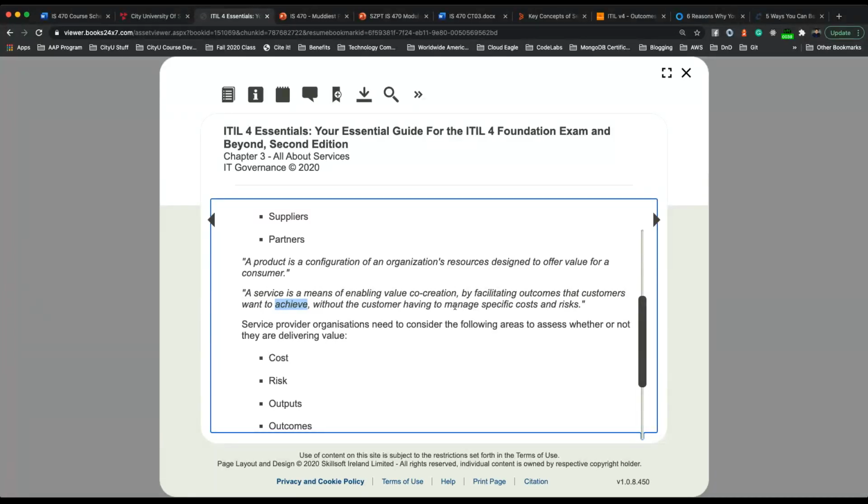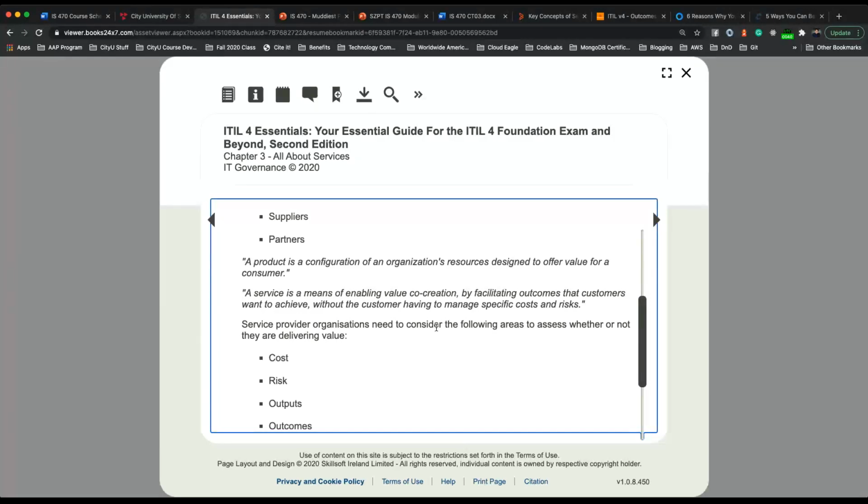So the service aims to help the customer manage their cost and risk, right? And generally, a customer would buy a service so that they have maybe lower cost and also lower risk, right?